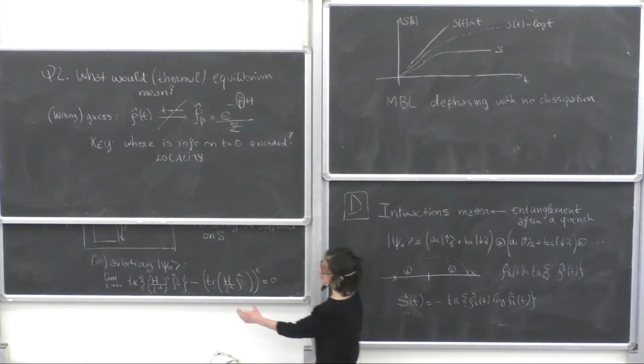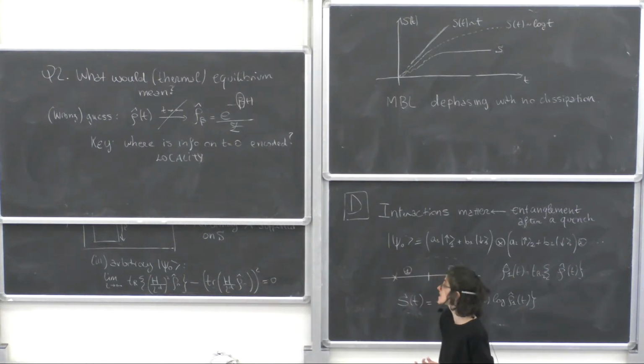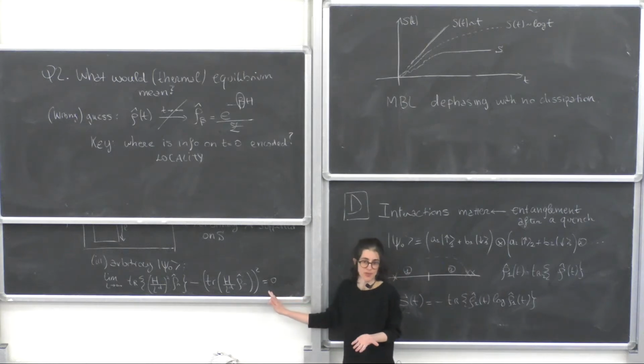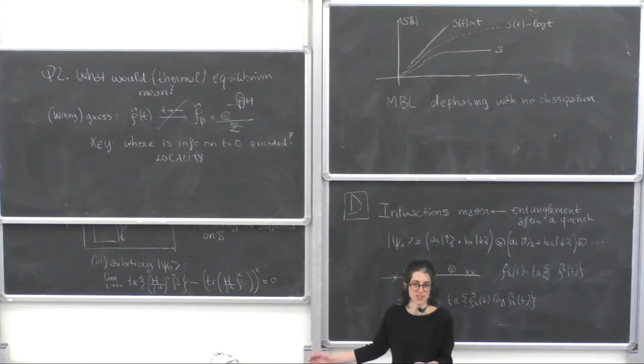So I'm asking that I have sub-extensive fluctuations of the energy. And this is because I want to define a well-defined temperature associated to the initial state.